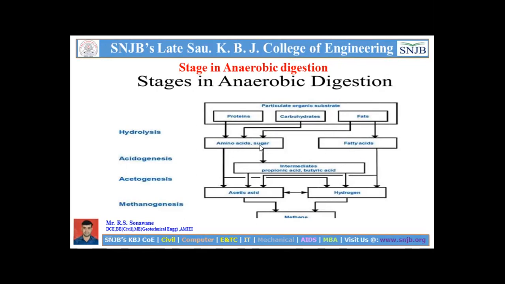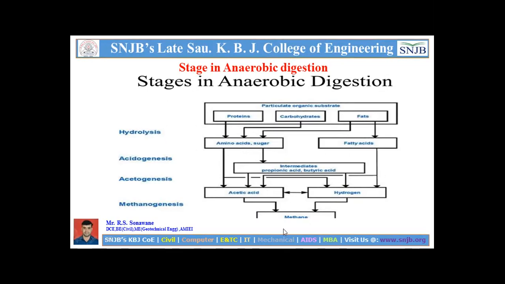These go to propionic acid and butyric acid intermediates, and then to acetic acid and hydrogen, which again go on to produce methane gas.